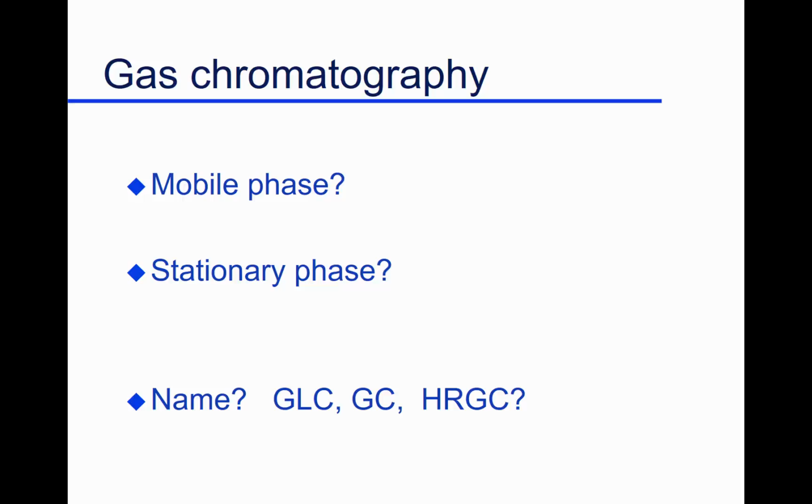A gas, you bet. Not too difficult, is it? Stationary phase? What is it? Well, you might say that because traditionally the process has been called gas liquid chromatography, GLC. There's never been a liquid in there, which is kind of funny to me. It is a solid material.